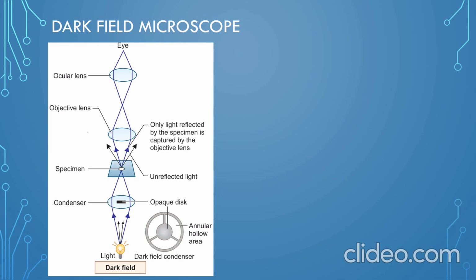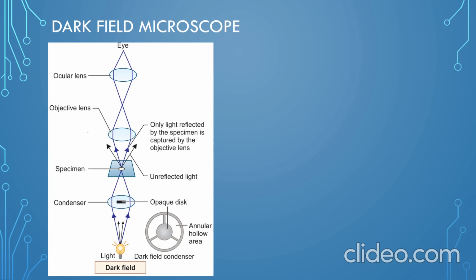Next is dark ground microscopy, otherwise said to be DGM, otherwise said to be dark field microscopy. What is this dark field microscopy, and what is its working principle? The object appears bright against the dark background by use of a special dark field condenser.